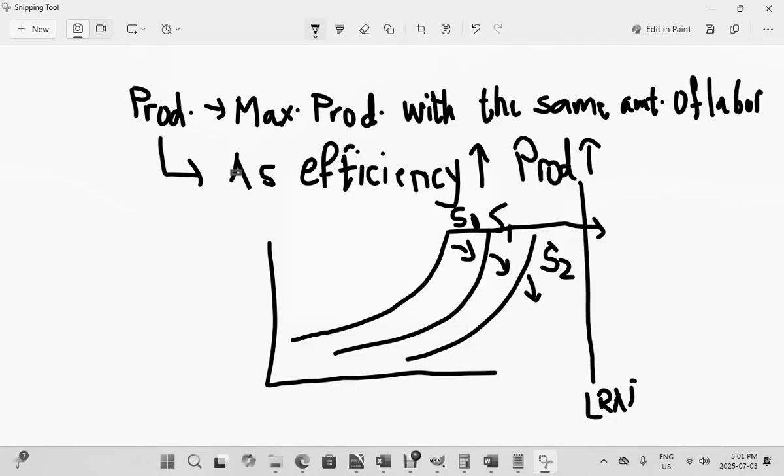Now, as the productivity grows, suppose this is your price level and this is your real GDP. Your price level will go down, will be reduced. And your real GDP, suppose this point over here, becomes your new equilibrium, and this was another equilibrium over here.